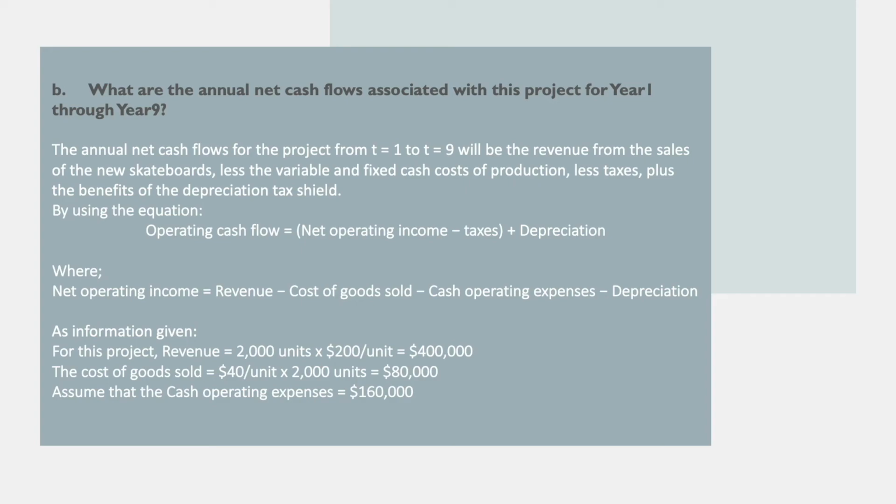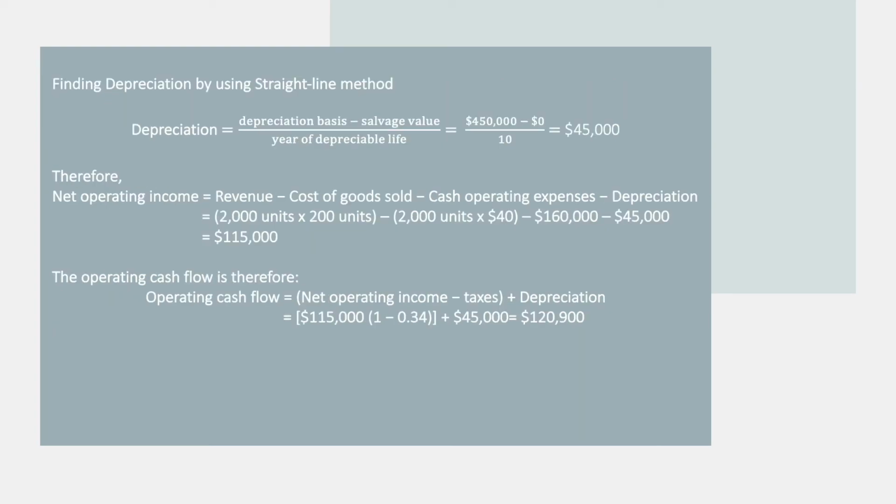And we will assume that the cash operating expenses are the fixed cost of $160,000. We need to find the depreciation by using the straight-line method. Depreciation is equal to depreciation basis less salvage value, divided by the years of depreciable life. When we sum it up, it will be equal to $45,000.